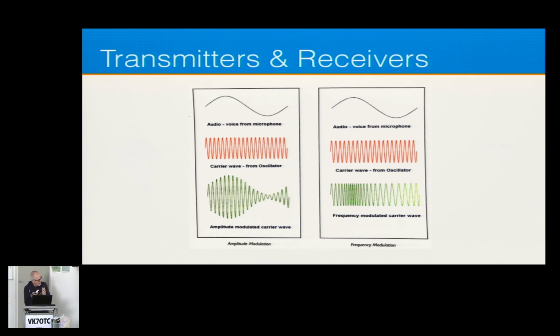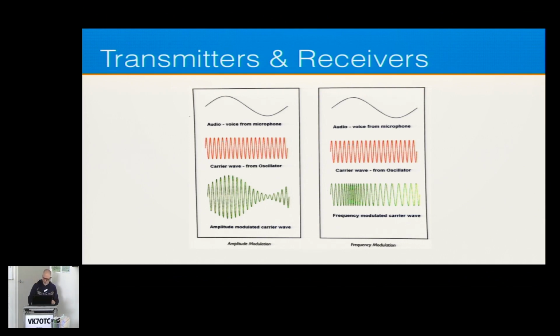So the key thing here is with AM, the power level is actually going up and down, versus FM staying exactly the same. So when you key down on an FM transmitter, you're getting the same power all the time. It's just the frequency that's varying. Whereas AM is based on the volume of your voice. So just keep that in the back of your mind.